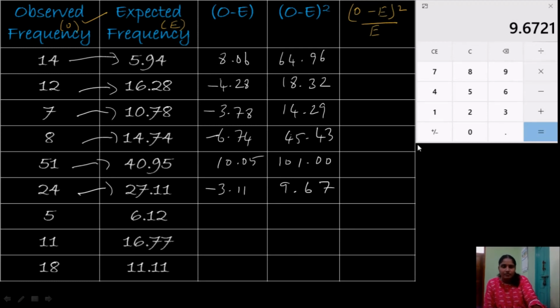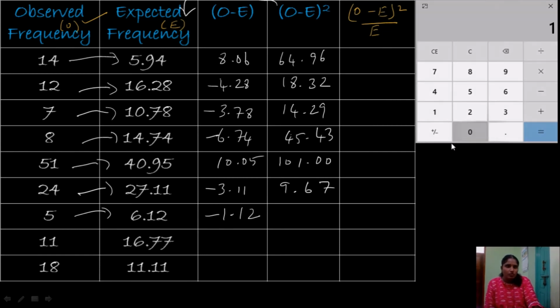Here itself I have to take up to 2 decimal places. Next, 5 minus 6.12. You get minus 1.12. By squaring, minus becomes positive. So 1.12 square is 1.25. I have to take only 2 decimal places.